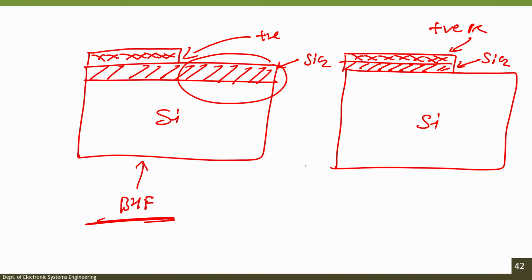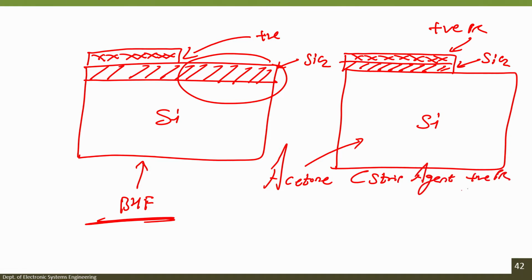After this, the next step is if I dip this wafer in acetone. Acetone is a stripping agent for positive and negative photoresist. So, if I dip this wafer in acetone, what will I have?